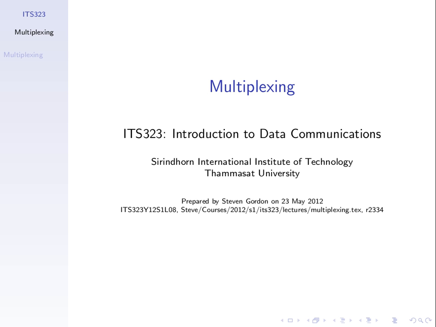Okay. The process of taking the data from multiple input lines and combining that data, so we have multiple signals coming in, okay, from different users, and they're all combined and sent across this one line. This process is called multiplexing.